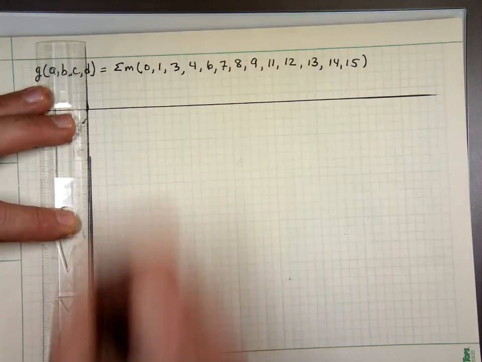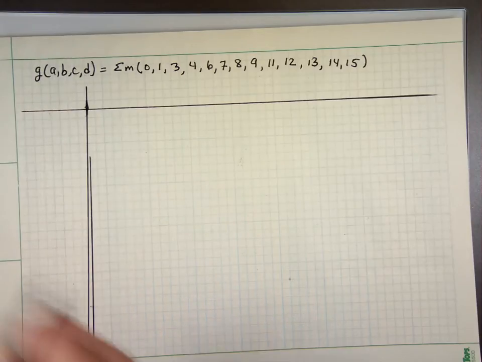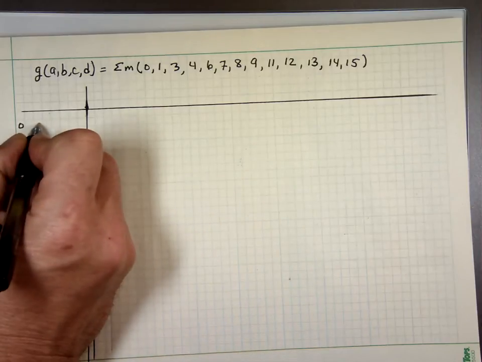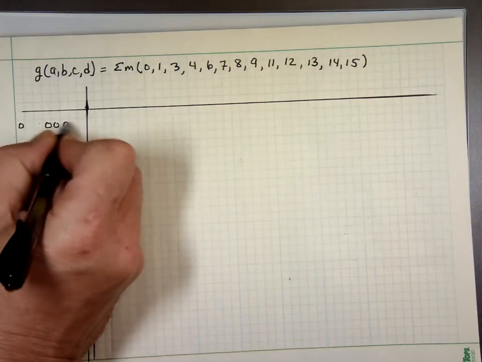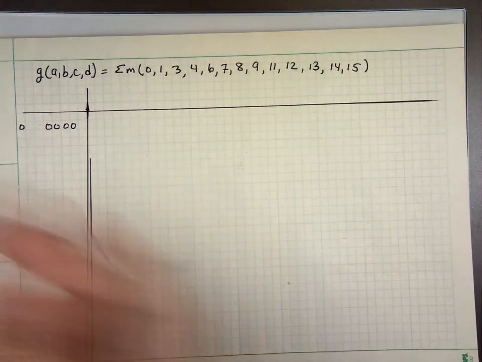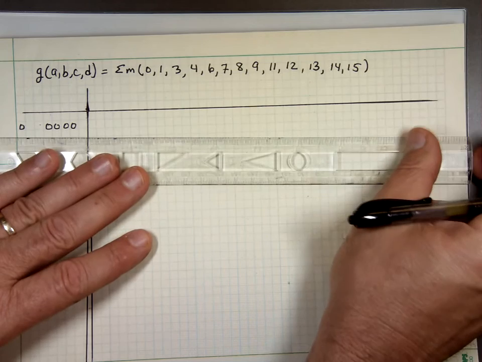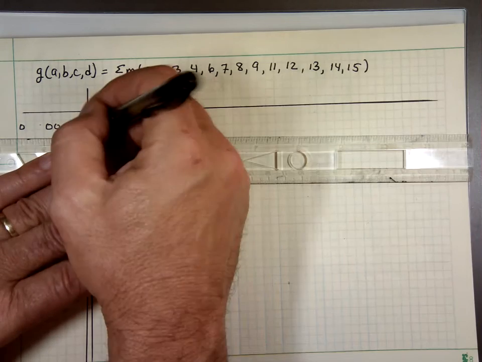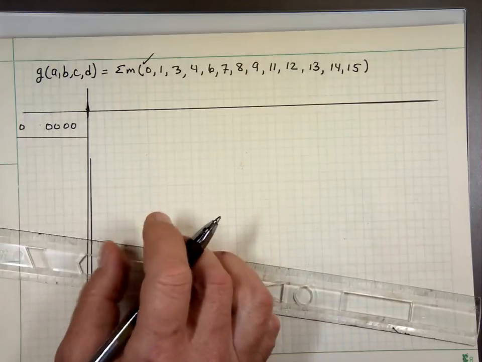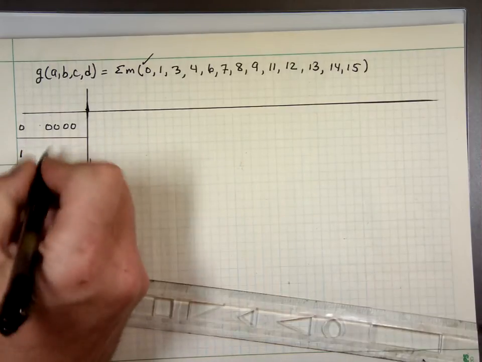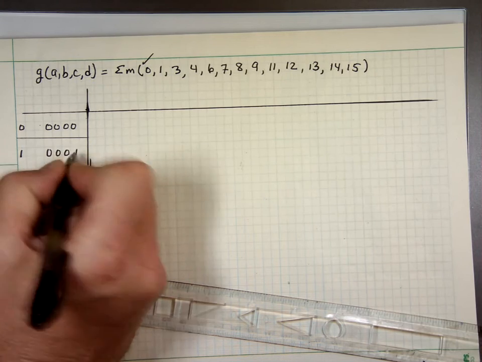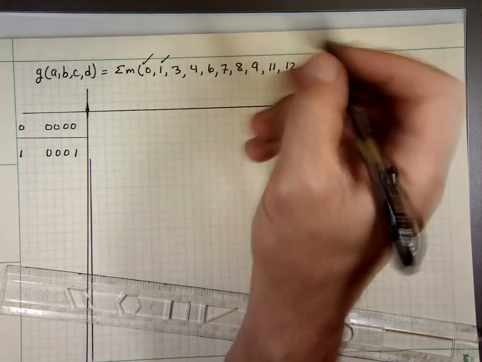Okay. The 0 has how many ones in it? None. So that's the first group. Let's see who has 1 one in it. So 0 is gone. The 1 has 1, which is 0, 0, 0, 1. 3 doesn't. 3 has 2.